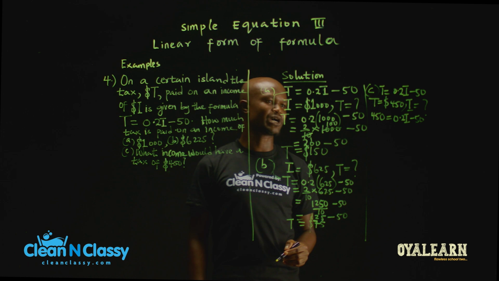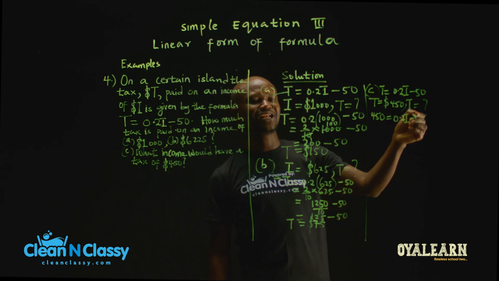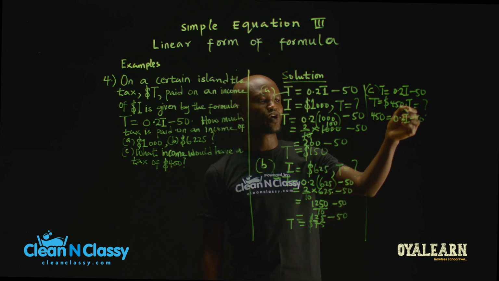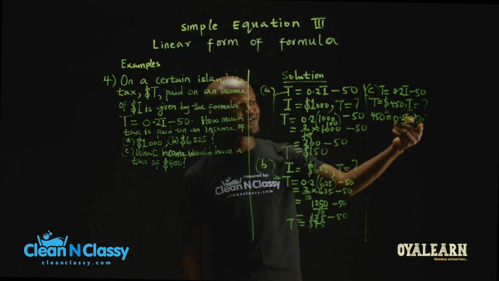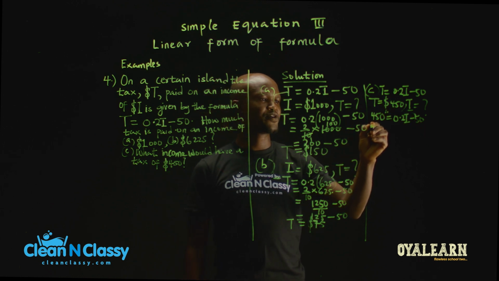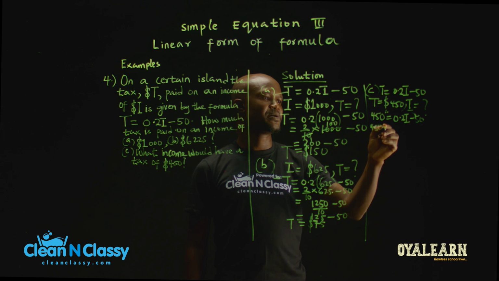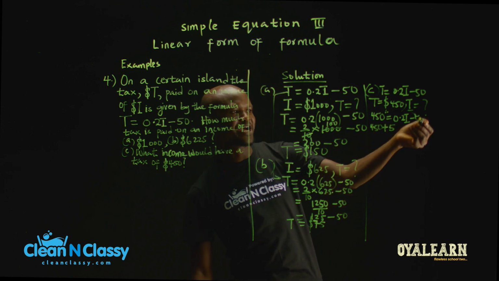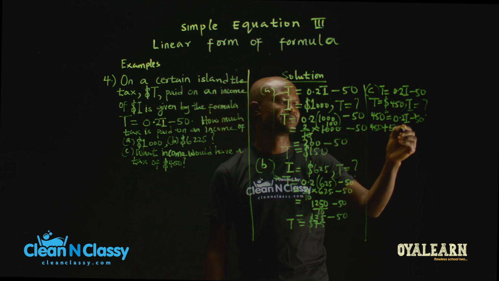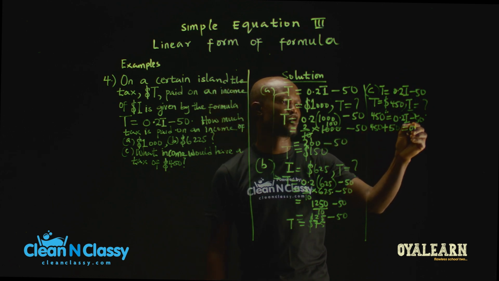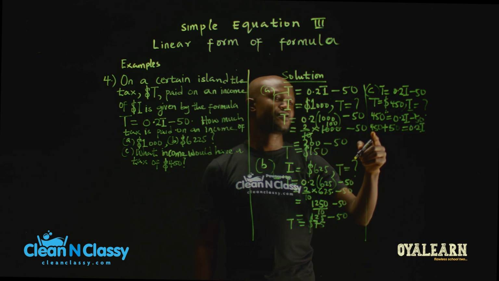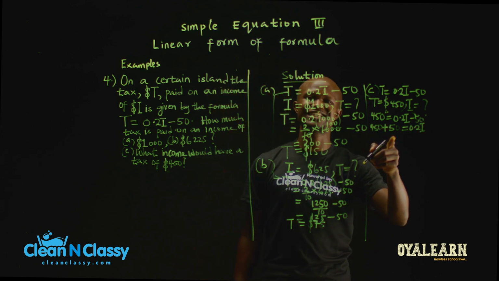So in this case, what are we going to do? We are going to collect like terms because we are having a simple equation. We transfer minus 50 to this side. So we have 450 plus 50, because when we transfer minus 50 to this side, it becomes plus 50, equals 0.2I. 450 plus 50, what are we having?